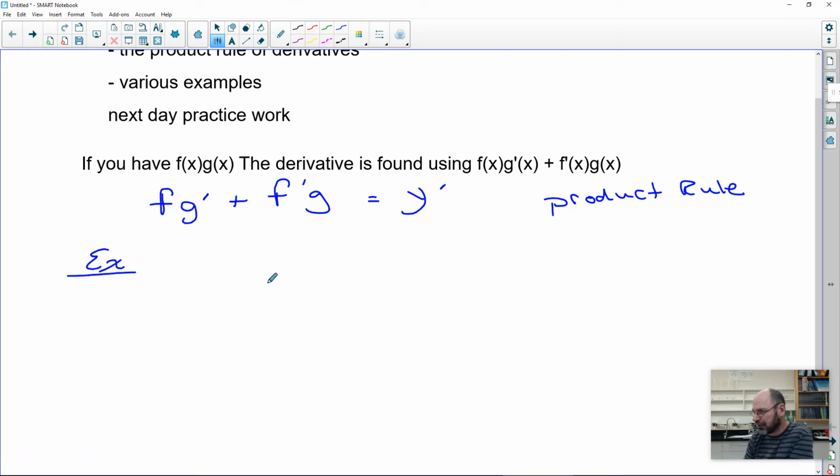Let's say that we have the expression of a simple one. Let's say that y equals 9x squared times x cubed minus x squared minus 7. Now we could just go like this and then easily do the power rule if we just expanded it.